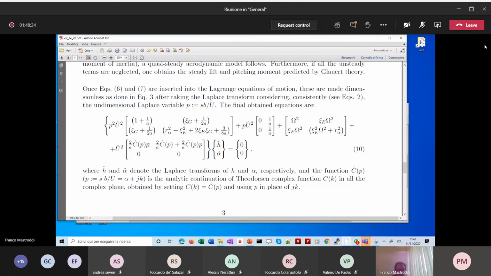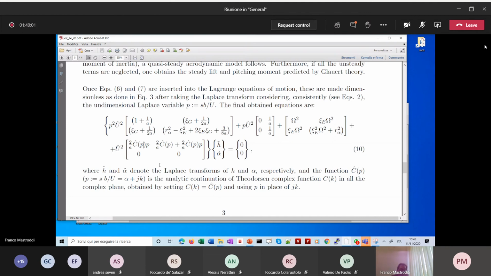If you take the determinant of this and develop this determinant and impose it to be 0, you will have an equation for the poles, but this equation of the poles is not polynomial as a standard in the linear theory.